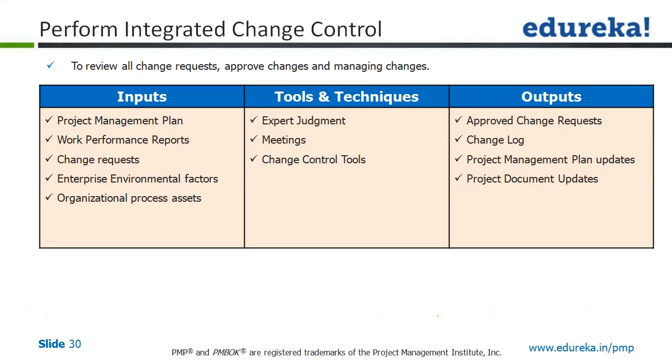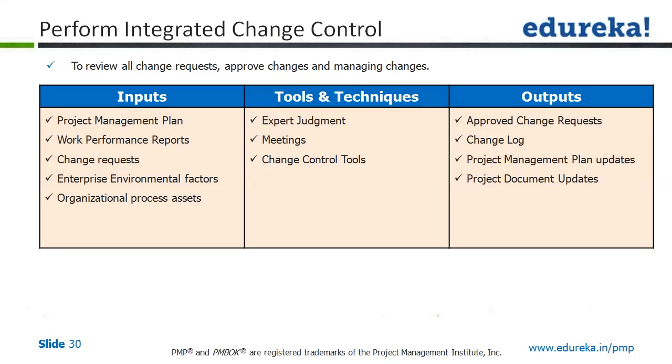The inputs to this process are the project management plan, work performance reports, change requests, and after change requests, we have the standard EEF, which is enterprise environmental factors, and then comes your OPA, which is organizational process assets. So you should be very clear on the last two.